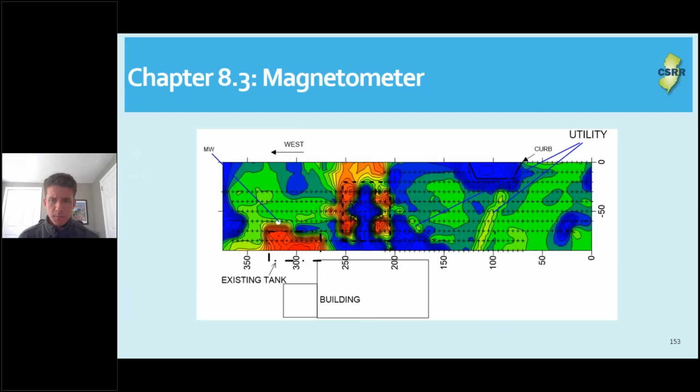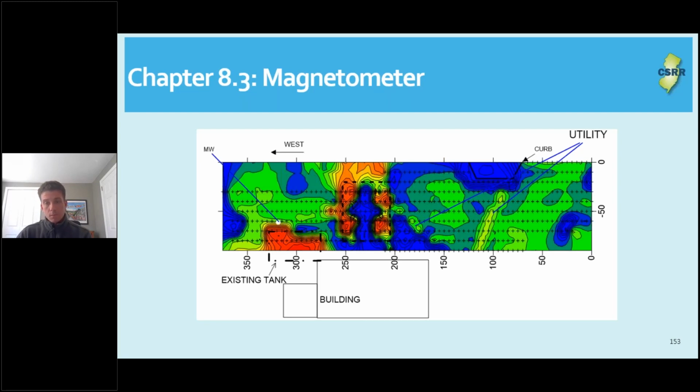Yeah, so here's the geophysical results from a magnetic survey. This is presented in plan view here, and this is showing the total field intensity with the cool colors, the blue and the green, representing low magnetic signatures and background level measurements, and warm colors, red and yellow, representing high magnetic signatures.